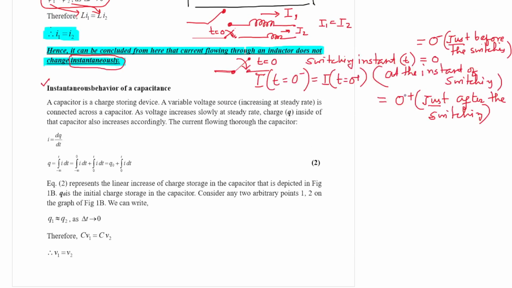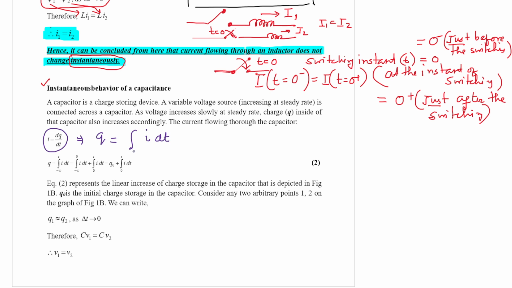Now let us proceed with this discussion. What happens to the capacitor? In the case of a capacitor, we can write the equation as current I is equal to dq by dt. So from there we can extend this analysis just like the previous way. Q is equal to the integration of I dt.